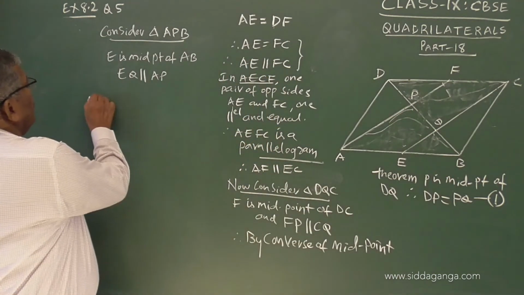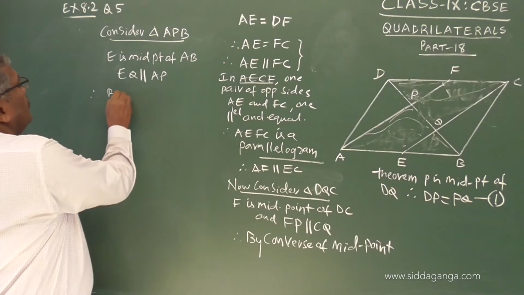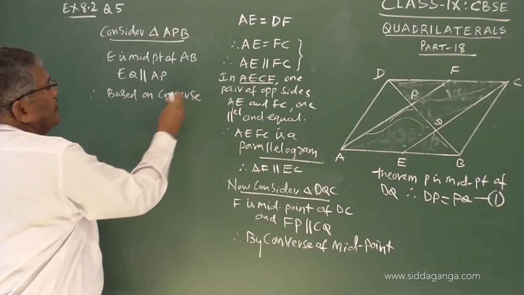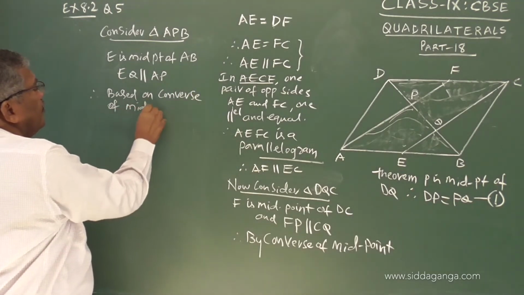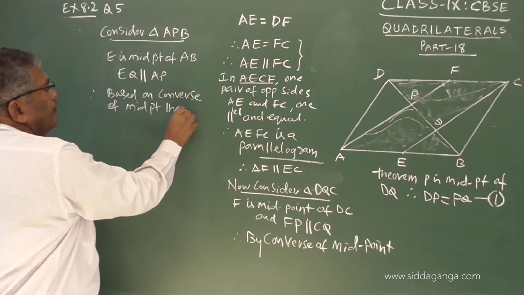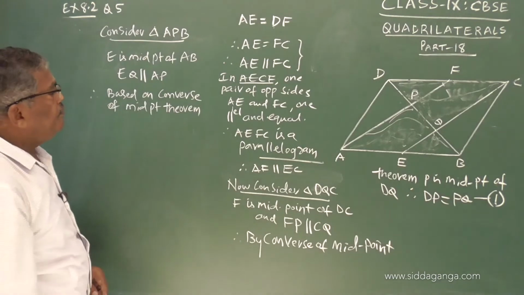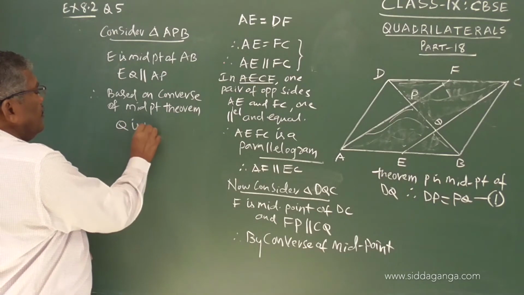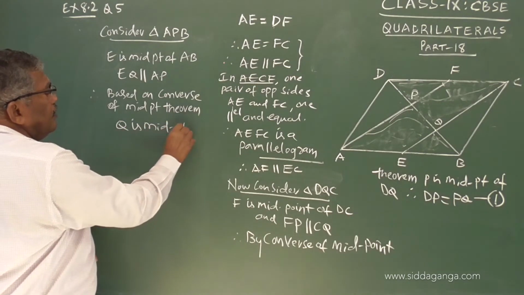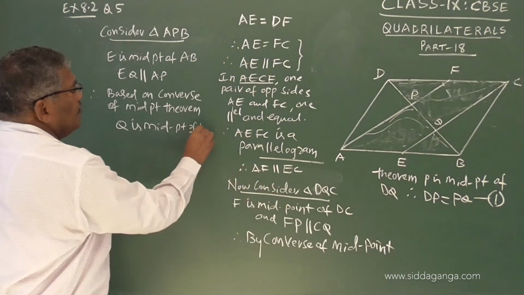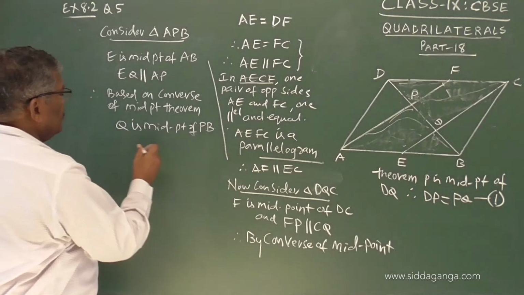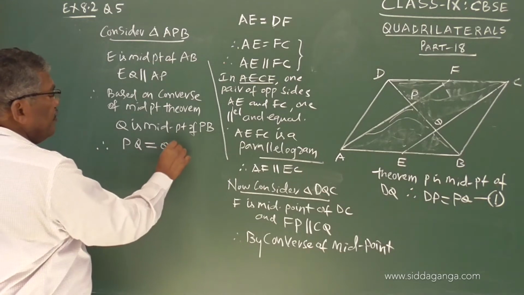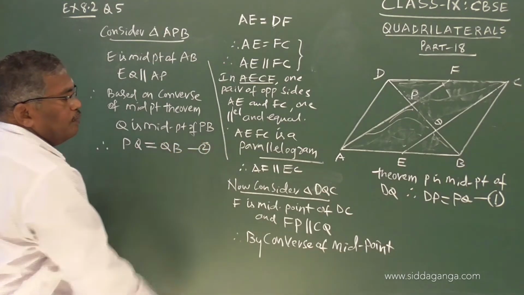So, therefore PQ equals QB. So, call this equation 2.